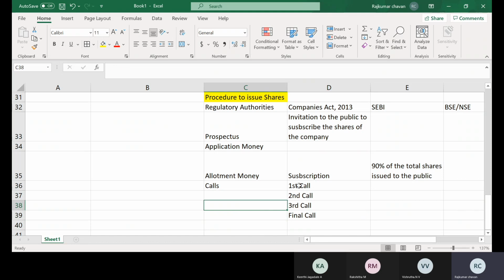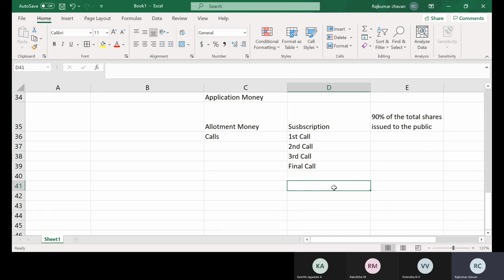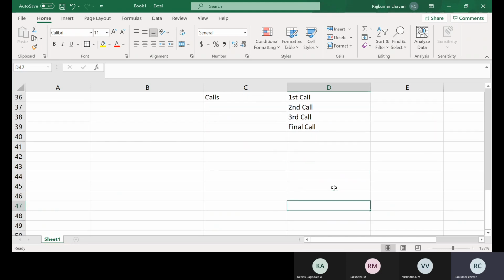In fact, the call starts from the application money only. That becomes your first, second and so on. So different calls the company has to make. These are the procedures by which finally they will get the shares.